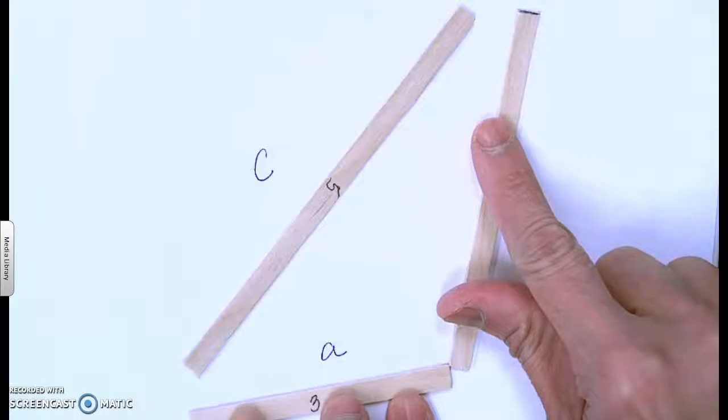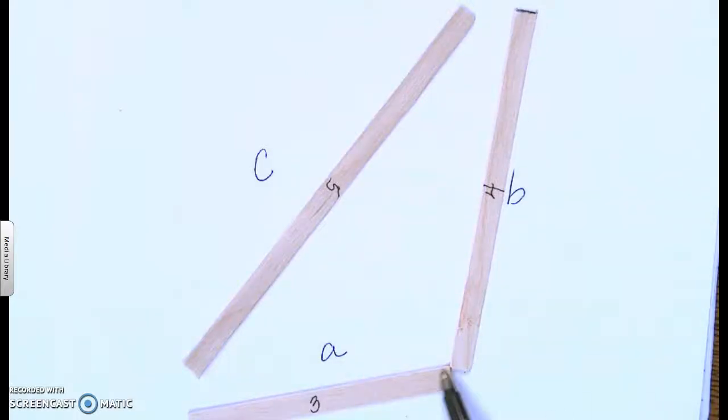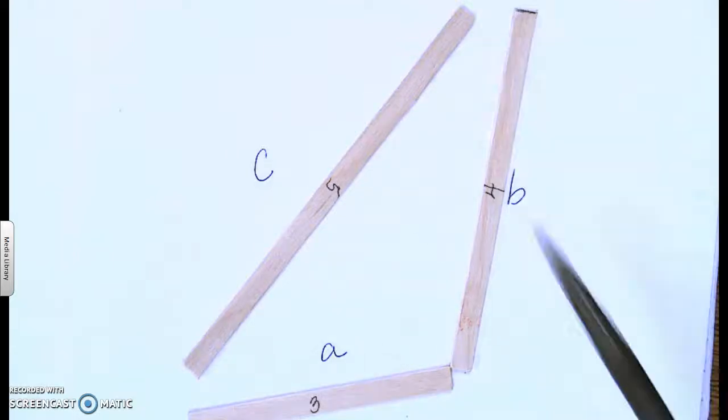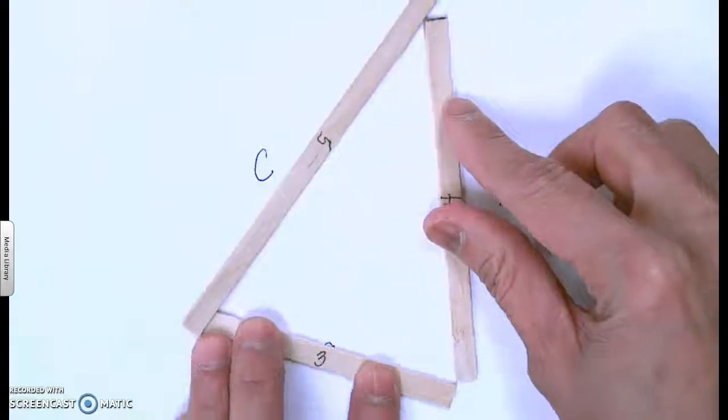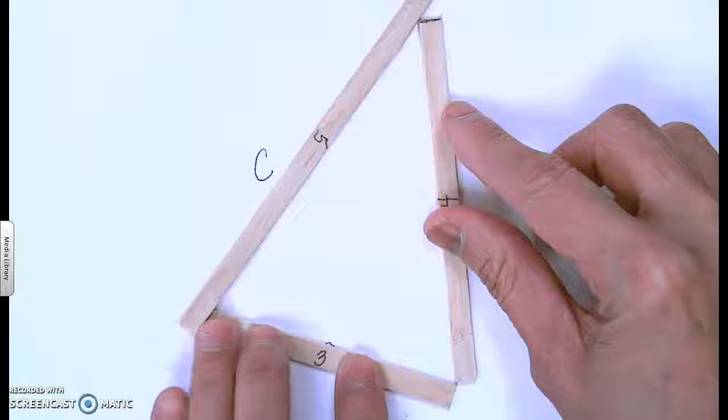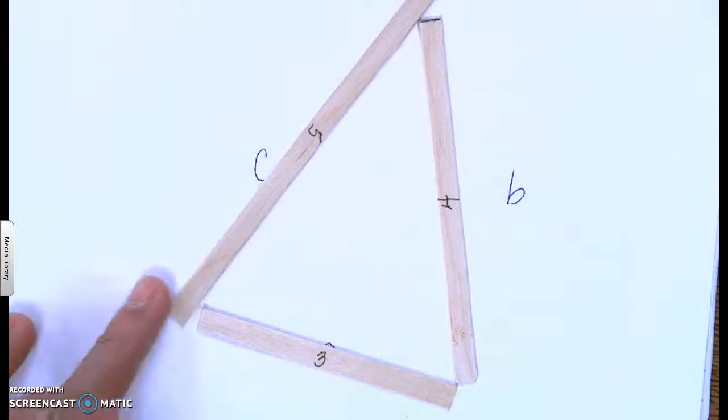The moment it opens up, you're going to have an obtuse triangle. However, if your C is less, that means that these two legs are going to close up like that, and therefore you have an acute triangle.